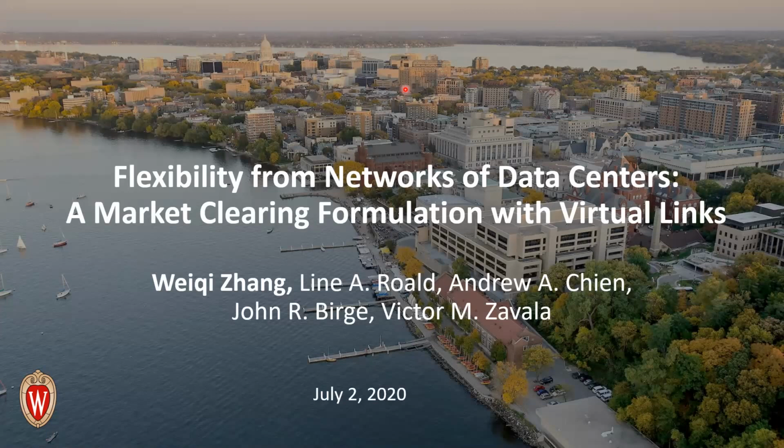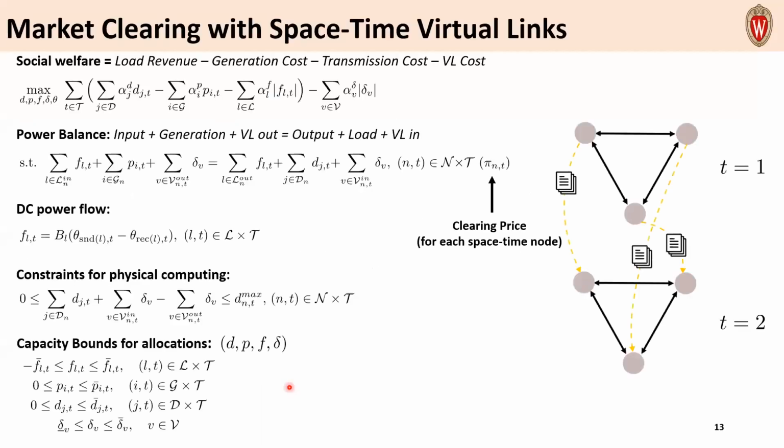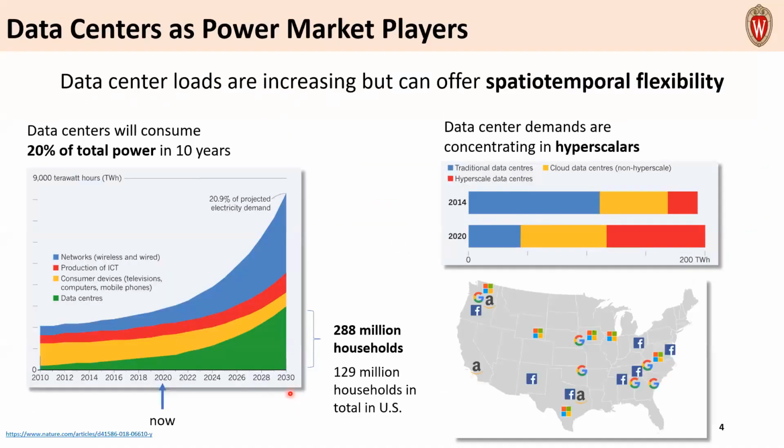Actually, I didn't look into the specific number of computing loads versus cooling, but if you look at this graph here, the green part at the bottom is indexed as data centers, but essentially this is the computing part, and I think that also includes some part of the utility. So I'm not sure about the specific breakdown, but I think they are also scaling up at the same time.